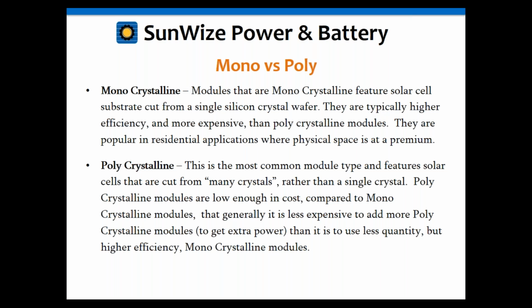Because of the way that the monocrystalline is made, it's generally a little bit more expensive. So you'll find that a lot of the modules end up being polycrystalline instead, just because it's a lot easier and cheaper to produce than the mono. And again, once you slice it and dice it and put it in a solar module, the actual module efficiency is very close to the same. The increased efficiency is very minimal.